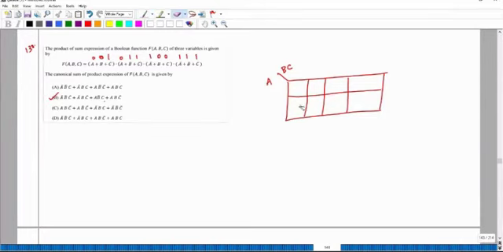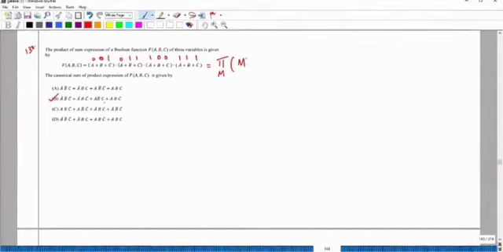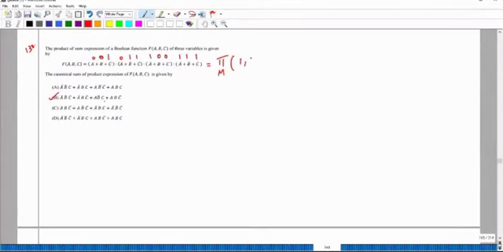You don't need a K-map to plot this, because that is nothing but pi m of 1, 3, 4, 7. This I can also represent as summation m of 0, 2, 5, 6.